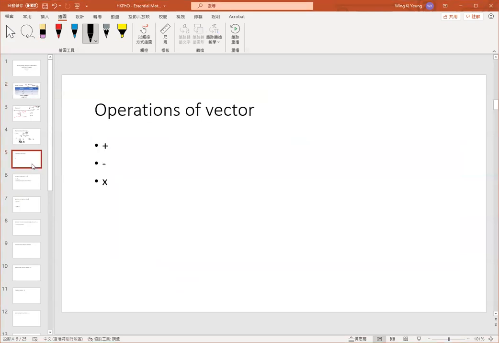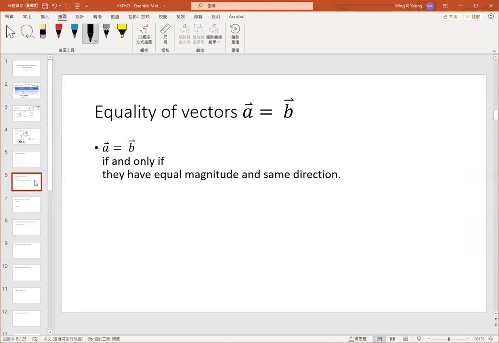So bear in mind that all the operations of the vector are totally different. So first of all, we look at how two vectors will be equal to each other. If we are talking about vector A equal to vector B, these two vectors are equal if and only if they have equal magnitude and same direction.